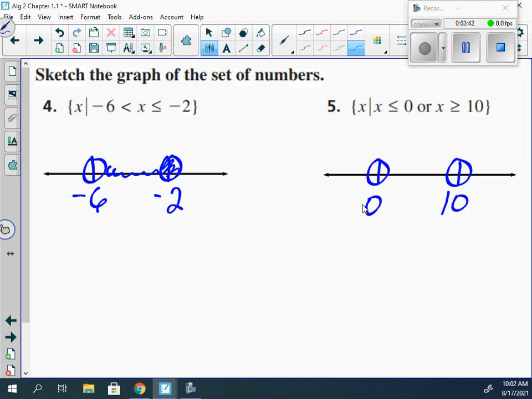Will both be open, both be closed? Both will be closed, because they are both equal. So here x is less than 0, so we shade to the left or to the right? X is greater than 10, we shade to the... That's it.